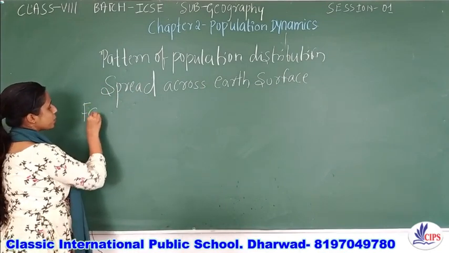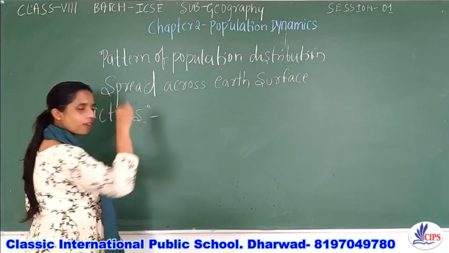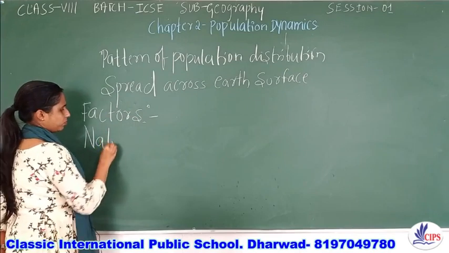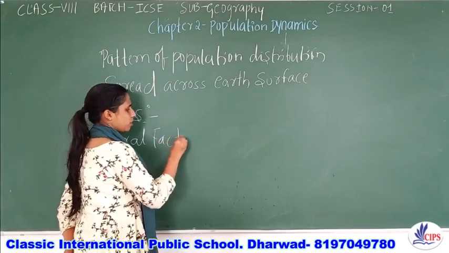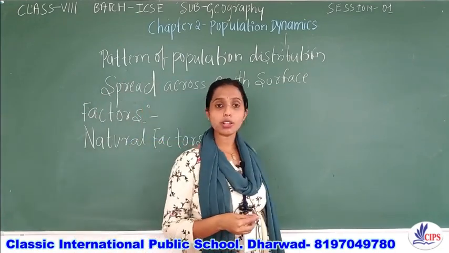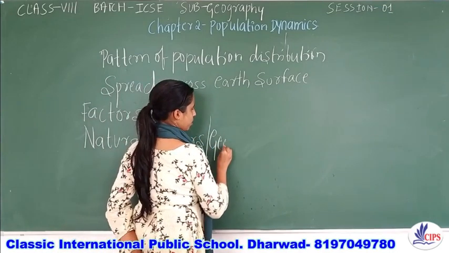The first factor influencing the pattern of distribution is the natural factor, or the geographic factors of an area.